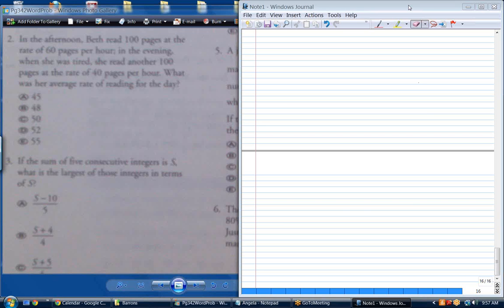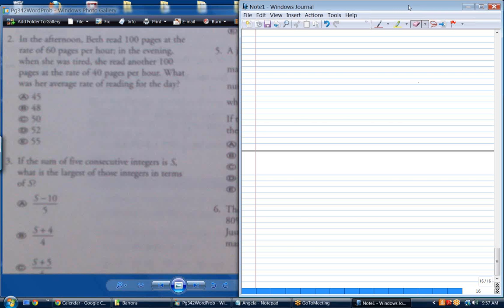I think you know how to do this also. And this is not that different from an arithmetic mean problem. Okay. Because they're asking for an average. We don't want to compare the average of 60 pages per hour versus 40 pages per hour. That's the mistake. It's definitely not 50 pages per hour.